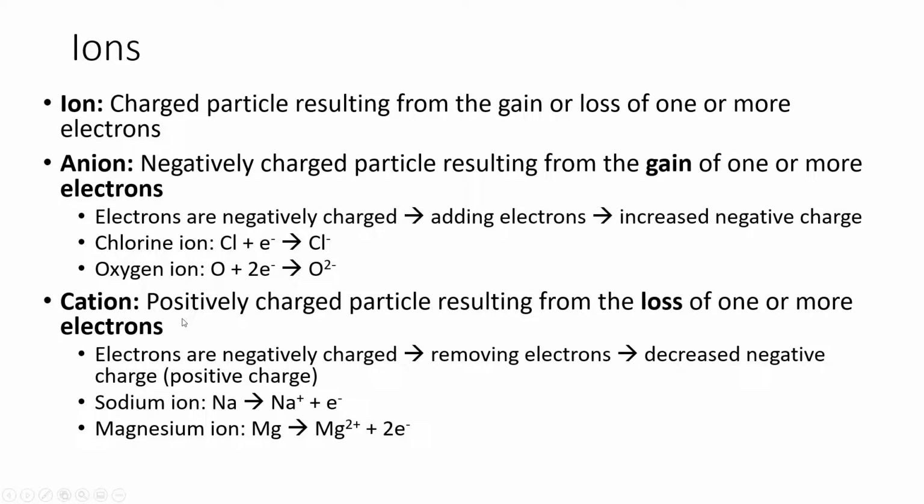Cations are a positively charged particle. And this is caused by removing an electron. So if you remove a negative, what you get is a positive. If we added another positively charged particle, which would be a proton, we'd actually change the identity of the atom itself.